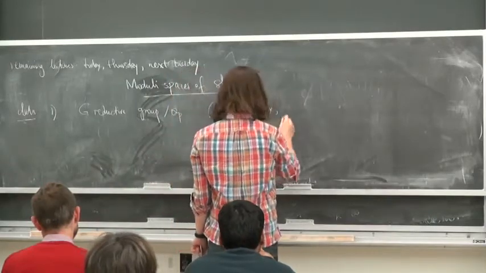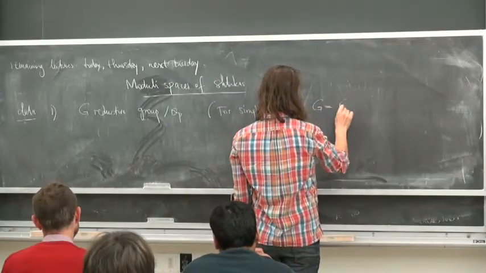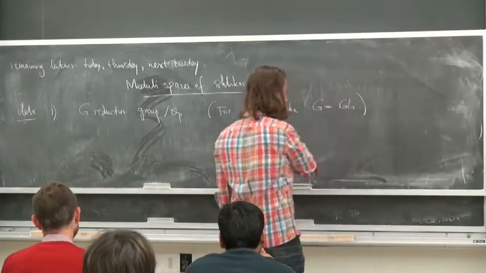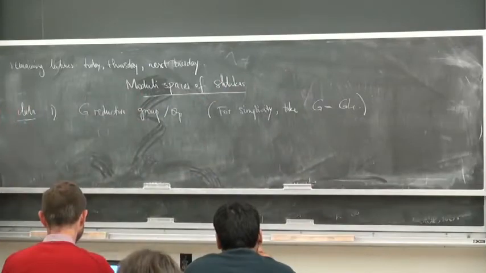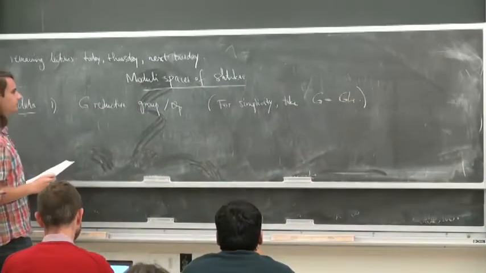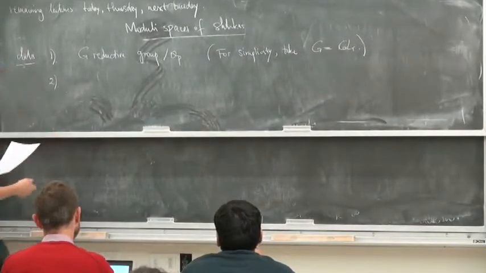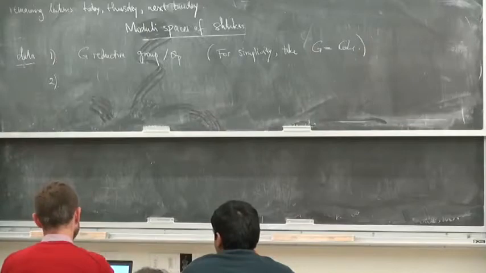It is very interesting to compare reductive groups, but we restrict to the case that G is just GL_n. Now maybe at some point I will say something for a general reductive group, but whenever it becomes easier, I go to GL_n.